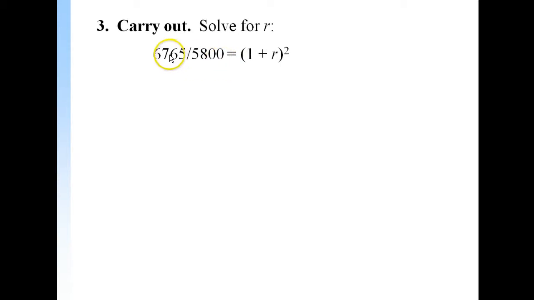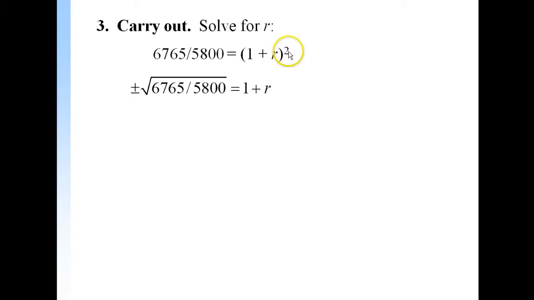Now again, what they're showing is they're dividing both sides of the equation by this. I don't like the way they show it. And then we have to take the square root of this side.